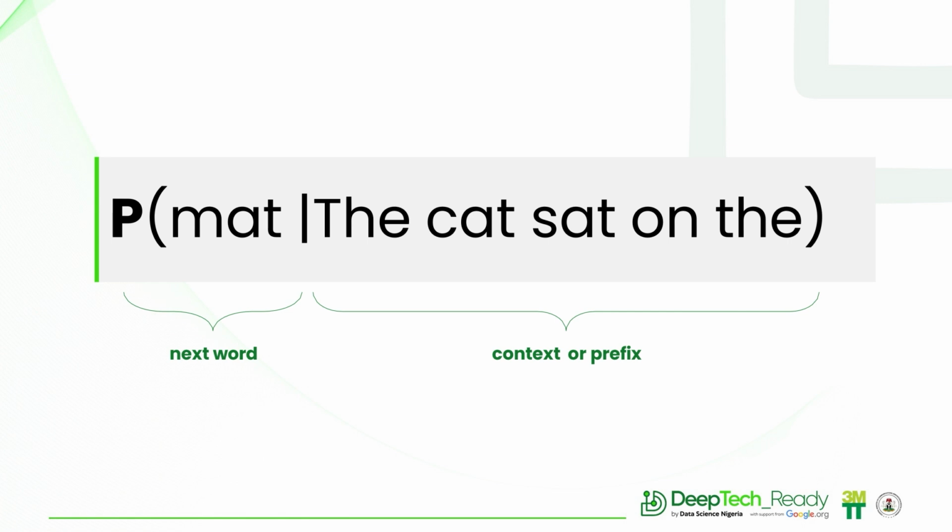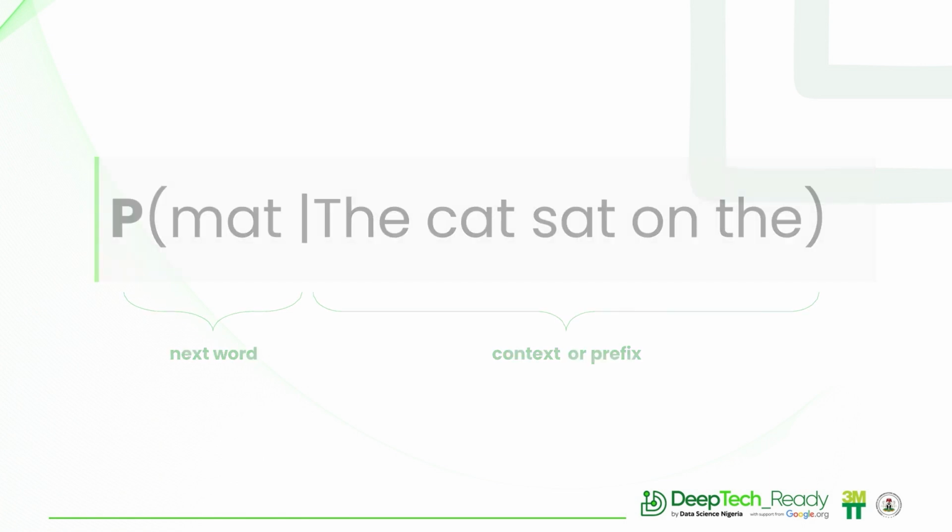And by analyzing patterns in its training data, the model assigns probabilities to possible next words. For example, it might assign a higher probability to the word mat than to other unrelated words like banana, for example. This process enables the model to generate contextually appropriate text.